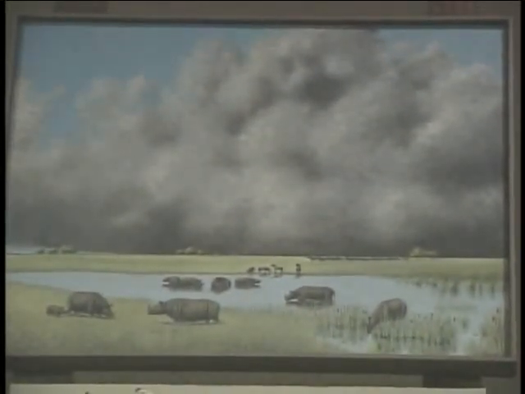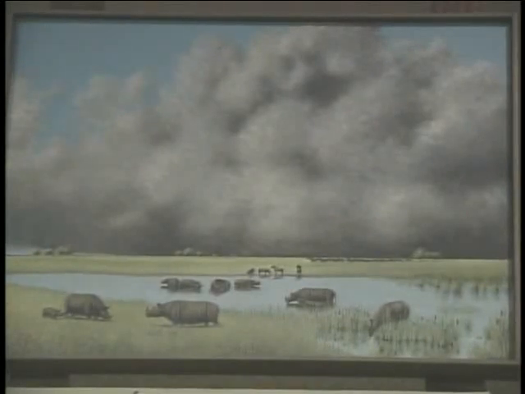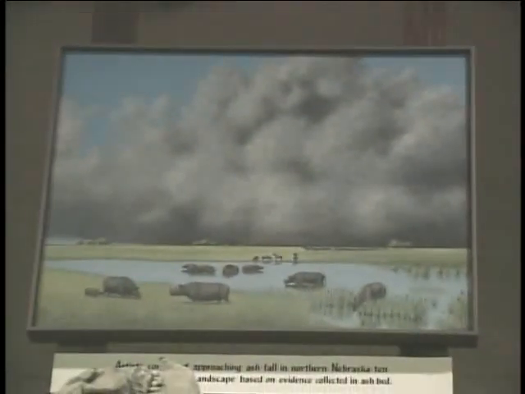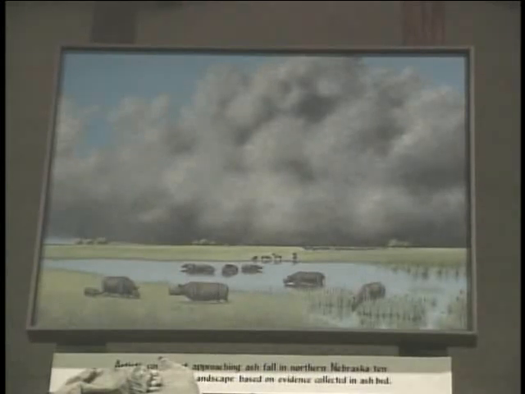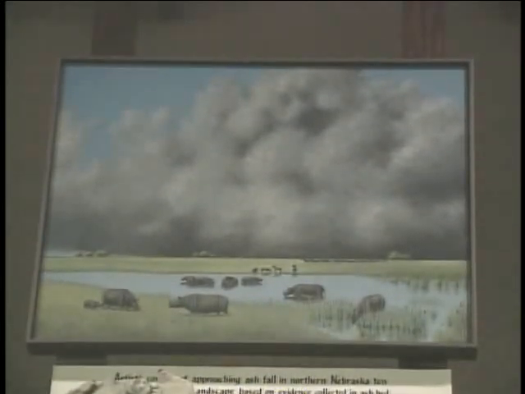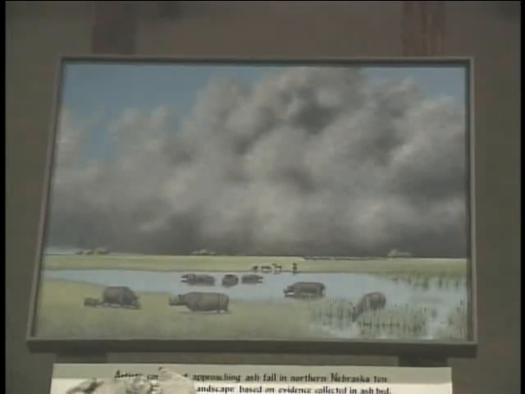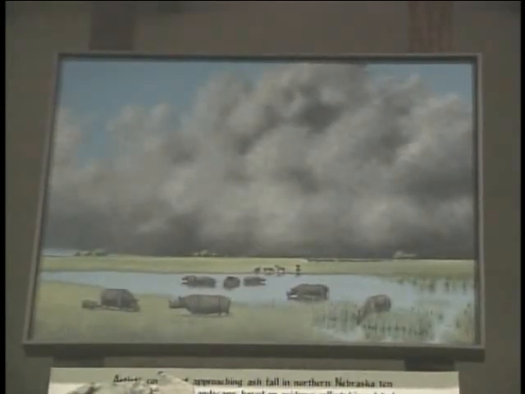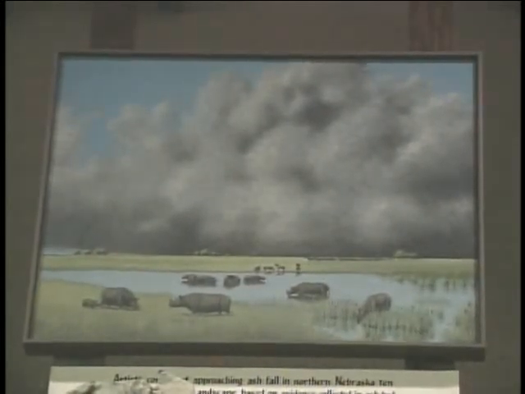We have here an artist's conception of approaching Asphalt in northern Nebraska 10 million years ago. The landscape is based on evidence collected in the ash bed as it is today. Again, an area that is very easy to affix the correct data because of the excellent condition and preservation of the fossils found there, with the baby rhino being an example thereof.